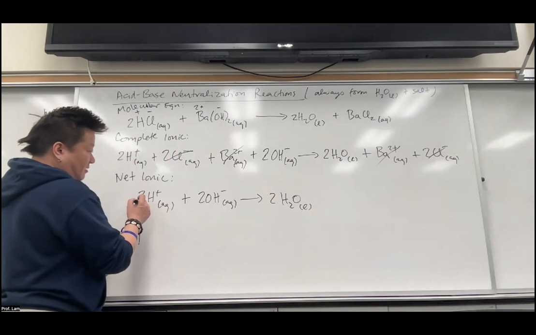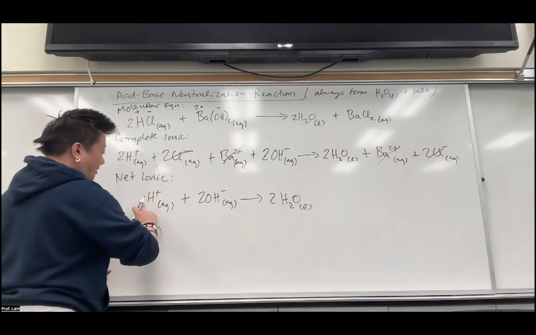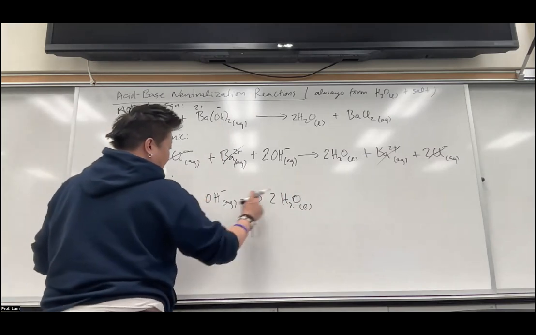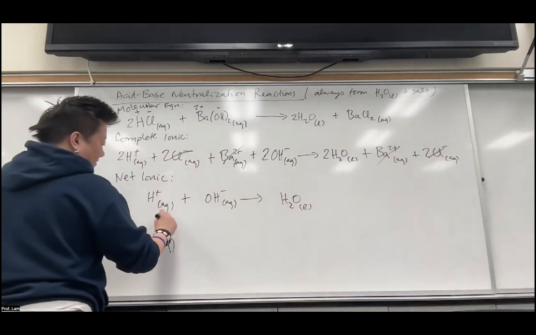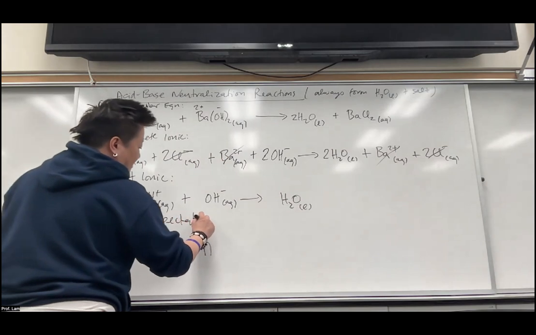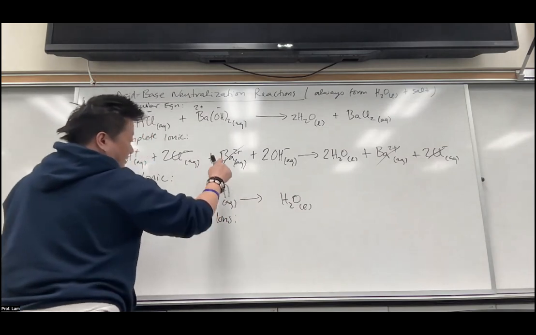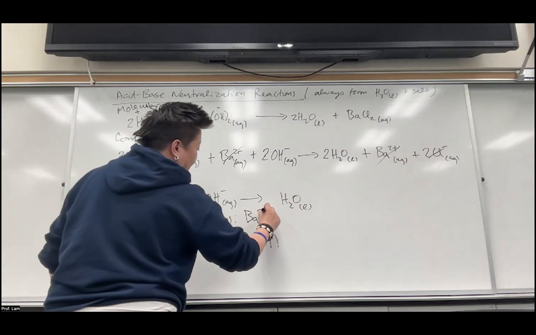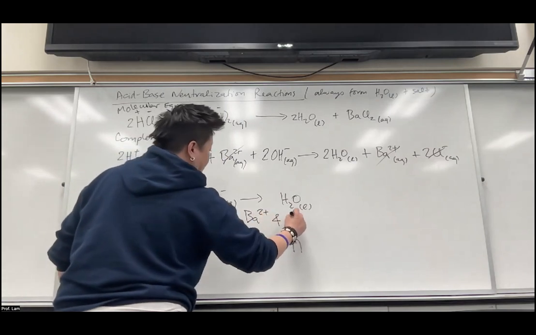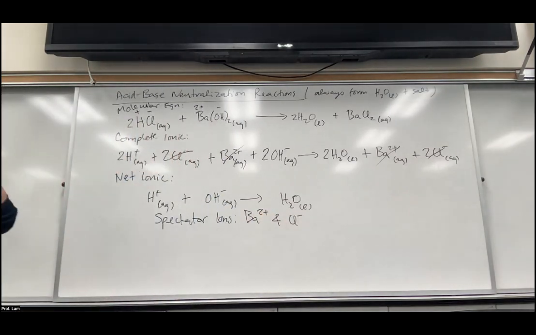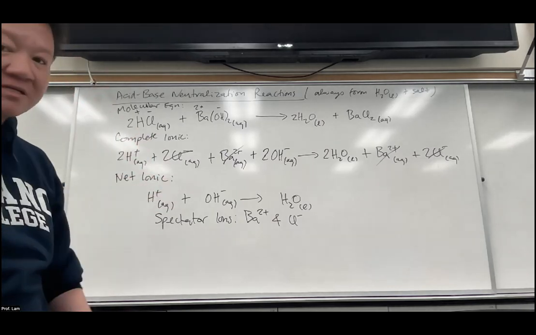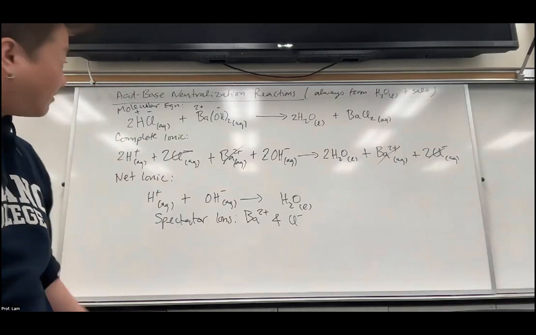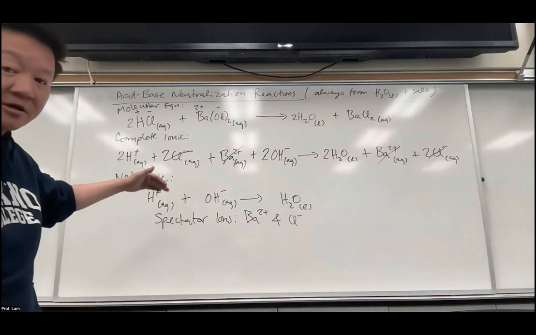Divide everybody by 2, so you end up with this. And then you just need to put what the spectator ions are. It's the ones that you cross out: Ba2 plus and Cl minus. Makes sense? You see how it looks just like last lecture when we did precipitation reactions, doing molecular, ionic, then net ionic.